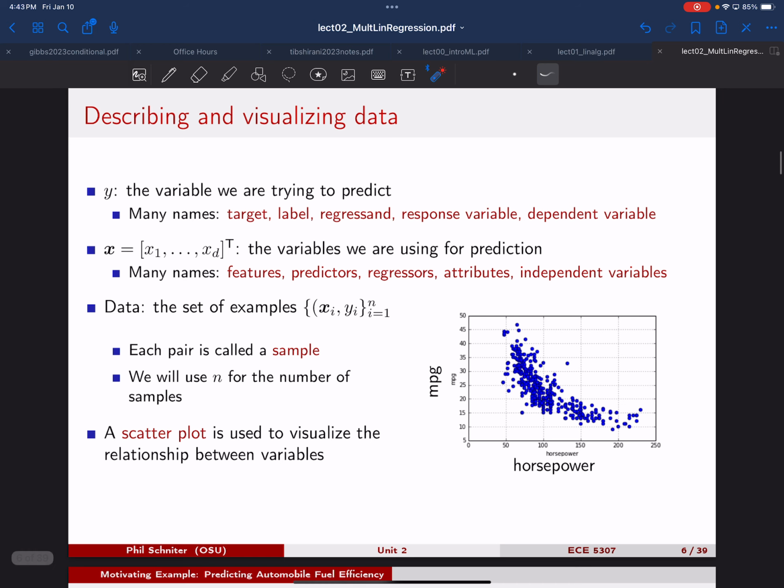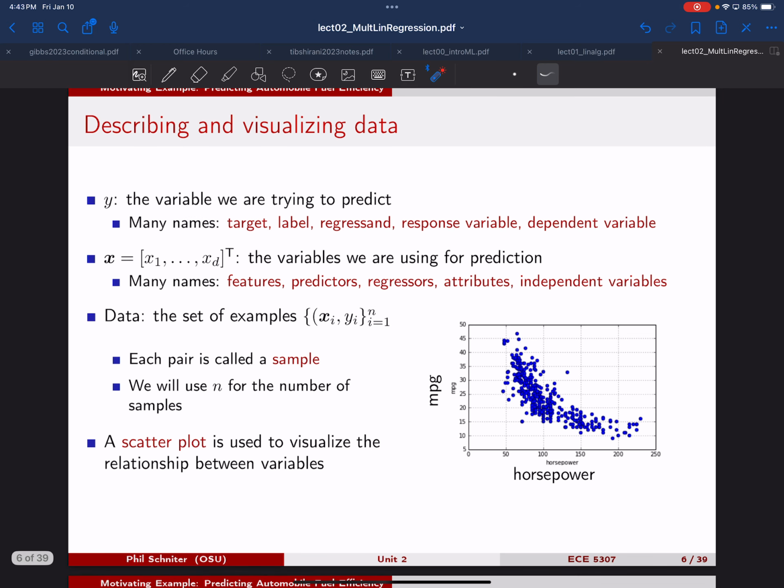So let's talk a little bit about some of the notation. All semester, we're going to use y to represent the variable that we are trying to predict. There are many names for this variable. The ones I'm going to use most frequently are the target or the label, but there are other names like regressand, response variable, dependent variable.